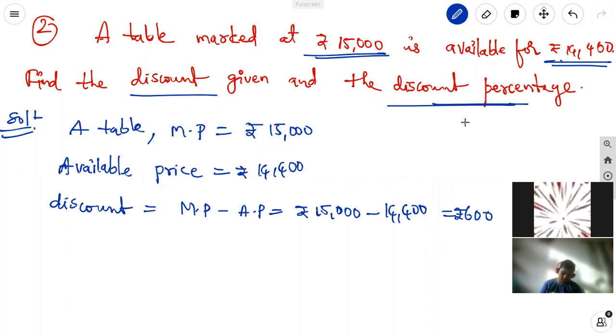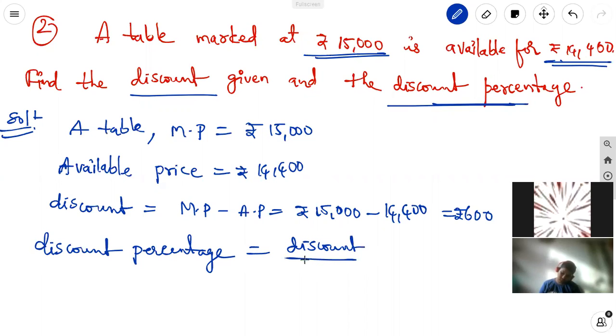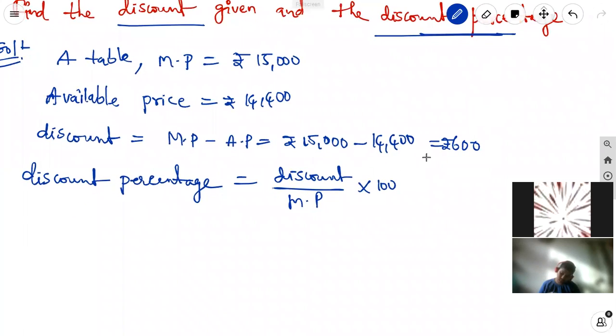What are they asking? The percentage of the discount. We know the discount percentage formula is discount percentage is equal to discount amount by market price into 100. Here, what is the discount amount?